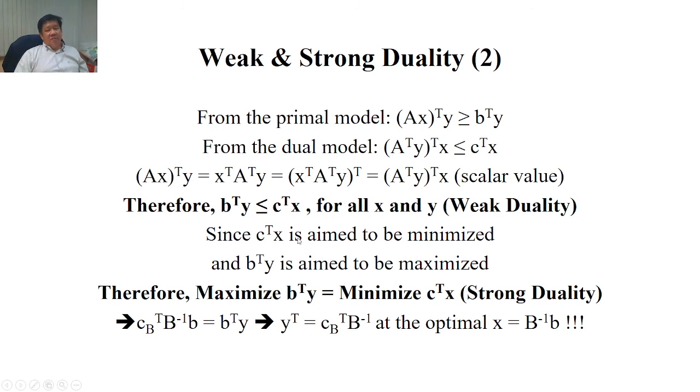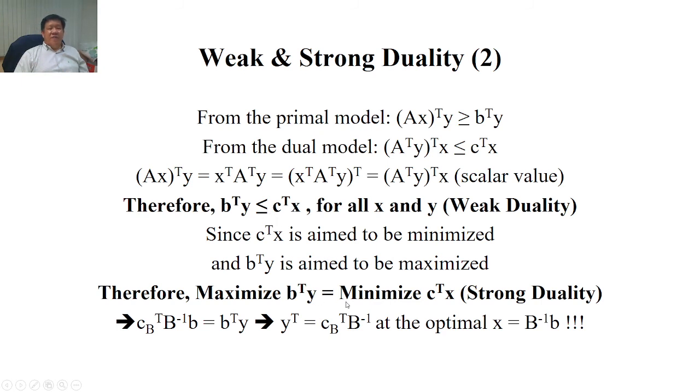And you know that based on the original problem that we formulated, C transpose X is aimed to be minimized, and B transpose Y is aimed to be maximized. Therefore, the only case in which this inequality will hold for all x, y is when the maximum of B transpose Y is equal to the minimum of C transpose X. That's the only point where weak duality can change from less than or equal to equal.